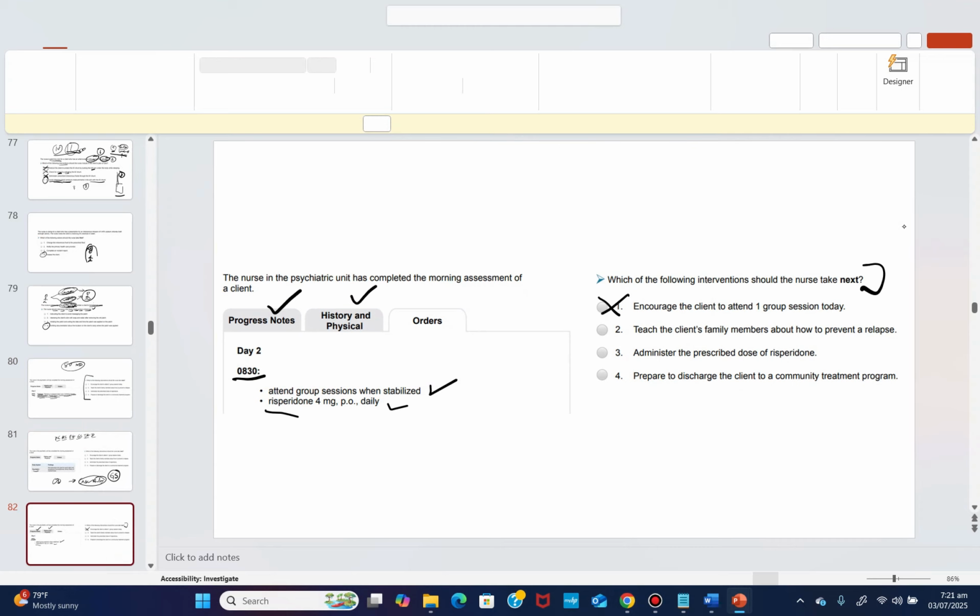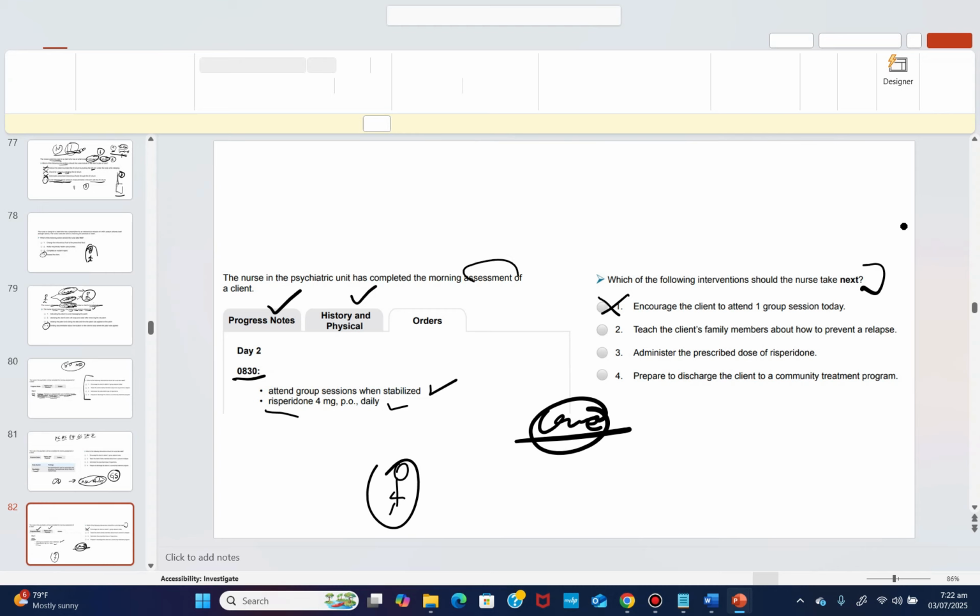Now see, look at number two, right? Teach the client and family member about how to prevent a relapse. Right now, the patient is not stable. Now look at the form of treatment, because most times students don't know how to think through care. We call this care. Obviously everybody knows care. I don't need to explain care. Now, we have a patient that was brought to the unit, right?